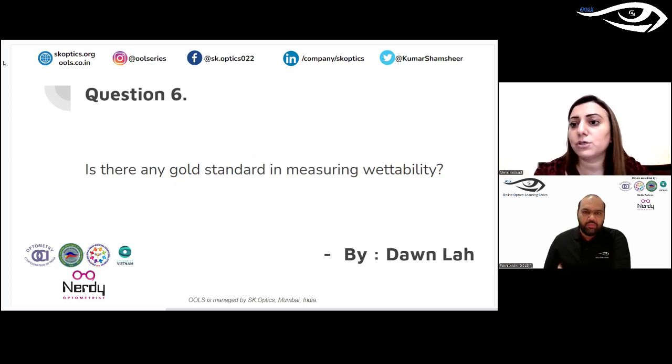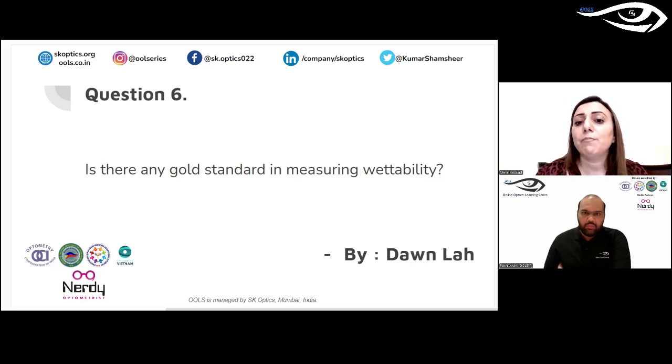And until now, we use the contact angle as the measurement. And in all parts of the world, they use the contact angle as the gold standard measure for contact lens wettability in vitro.